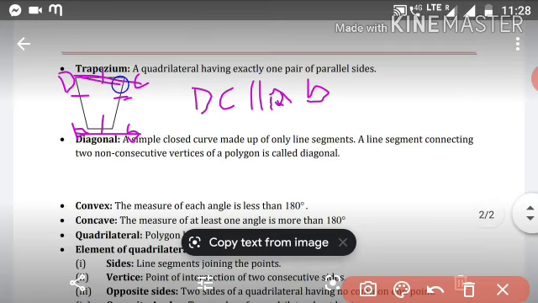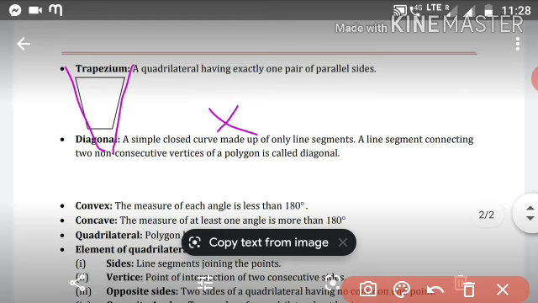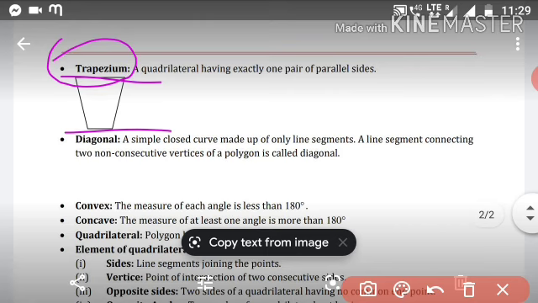If you extend these two lines and they never intersect each other, they are called parallel lines. So only DC is parallel to AB and this side will not be parallel. Means this side and this side will not be parallel. Only this one and this one will be parallel. So any one pair will be parallel and that figure is called trapezium.